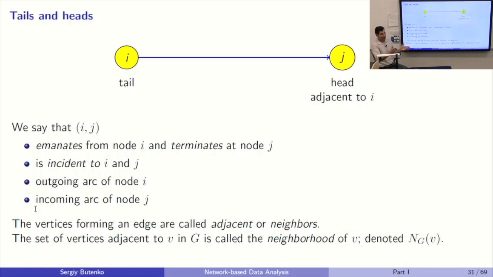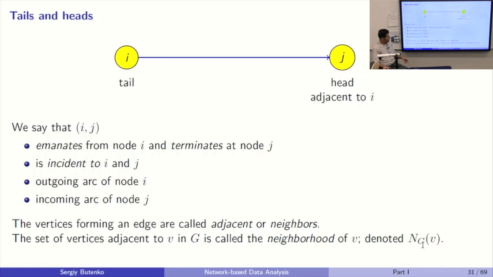Again, this is something that is pretty much common sense. And if I use this terminology even without showing you this slide, you would probably understand what I'm talking about. As we said, the vertices forming an edge are called adjacent or neighbors. And then the set of vertices adjacent to v is called the neighborhood of v, and we denote it by N_G(v).